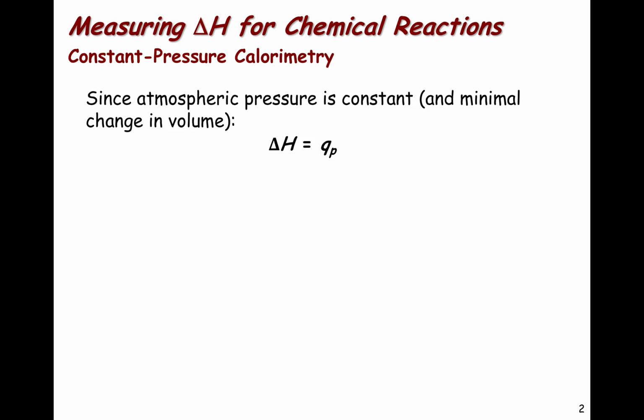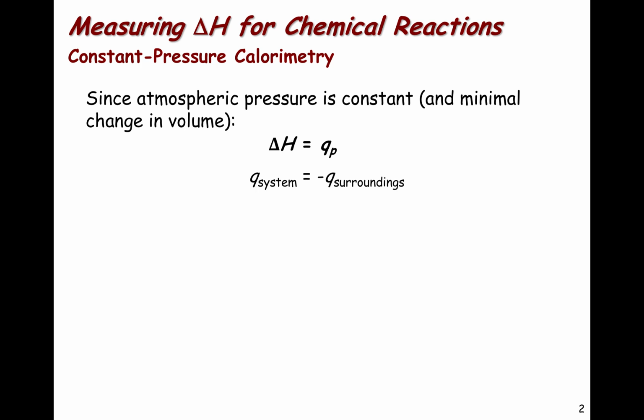In order to be able to measure the enthalpy of the reaction, we need to be able to measure the heat associated with the process involved for the system, and this has to be done under constant pressure conditions. We say that the Q of the system, in terms of if the heat is either being produced or consumed by the system, that heat is either coming out or going into the surroundings.